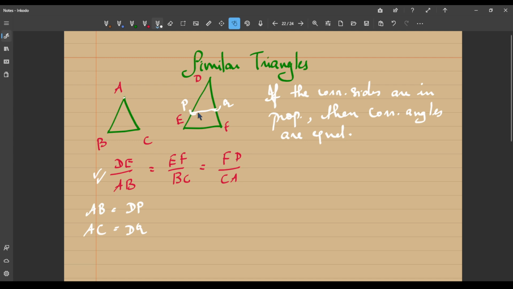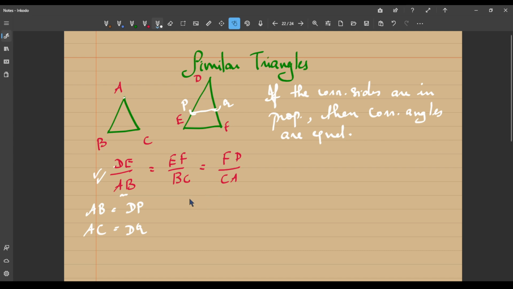So now, what do we have? We have PQ, which divides DE and DF, but we do not know the ratio in which it divides. Let's try to find if there is any particular ratio. Now just look at this, what we have. We have DE by AB and we have DF by AC. And in the place of AB, I think we can write DP because AB is equal to DP.